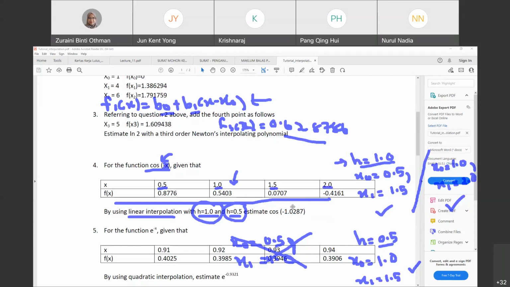If we look at this value of X, 1.0287, where is it located? It's around between the points 1.0 and 1.5, right? But isn't it negative? No, negative. It doesn't matter. Why doesn't it matter?